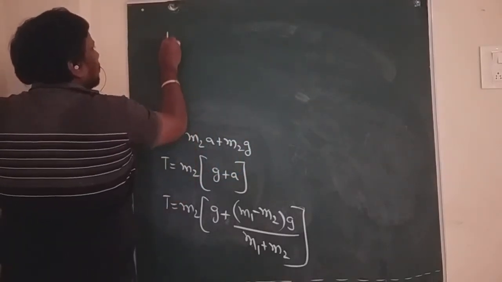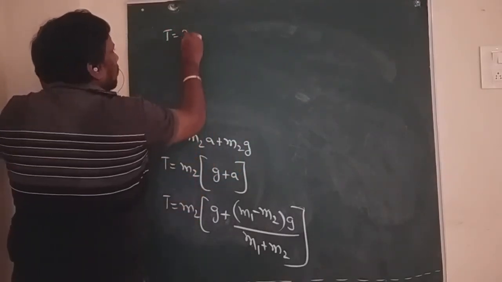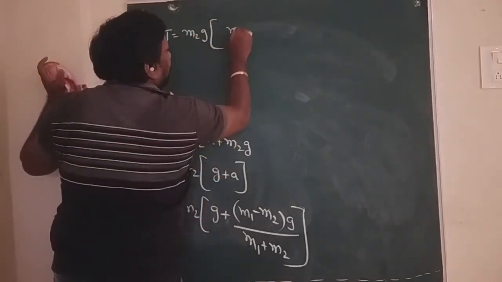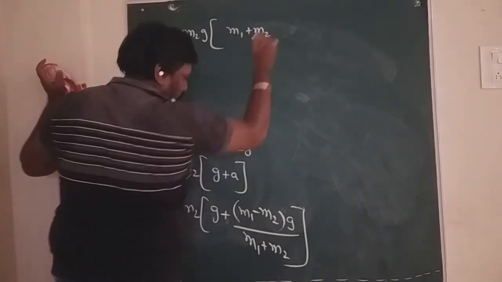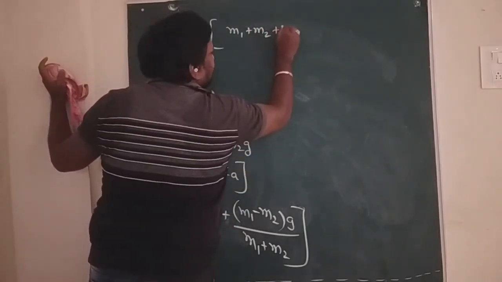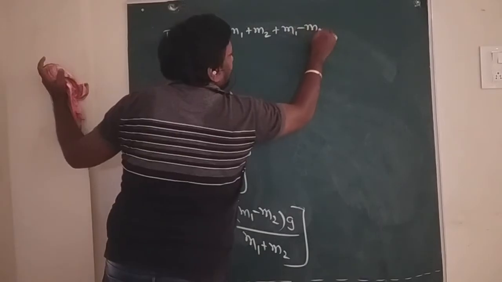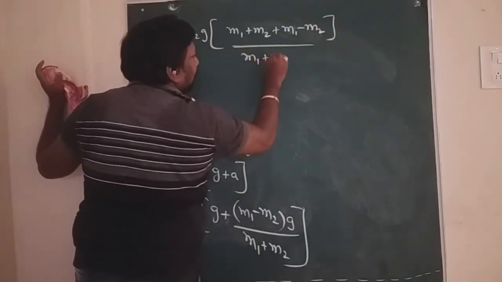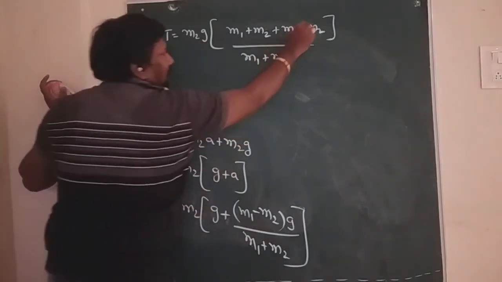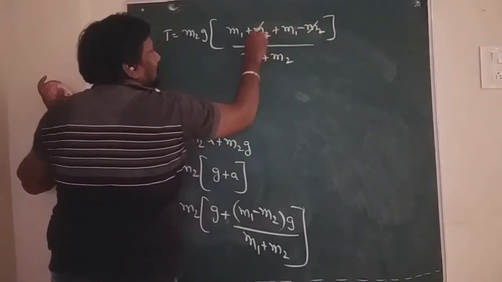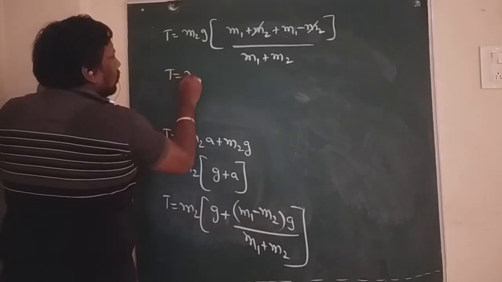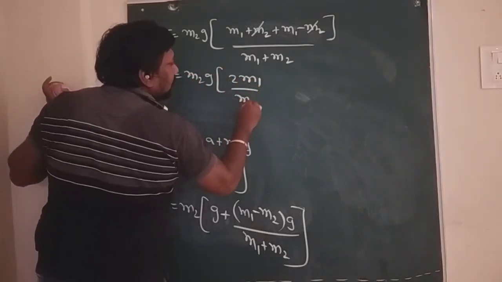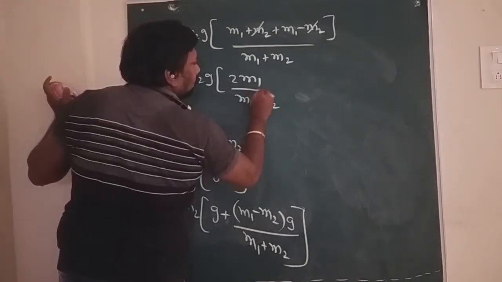So here T equal to M2G into, here M1 plus M2 plus M1 minus M2 by, here LCM is M1 plus M2. Here minus M2 plus M2 cancel. So T equal to M2G into 2M1 by M1 plus M2.